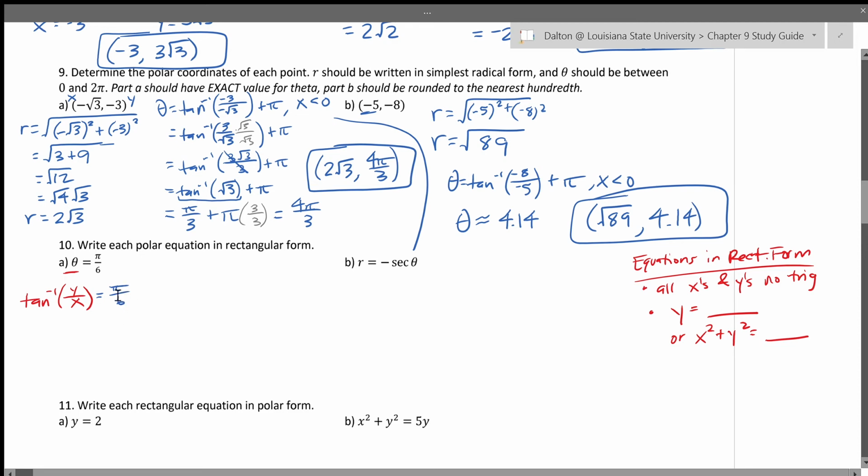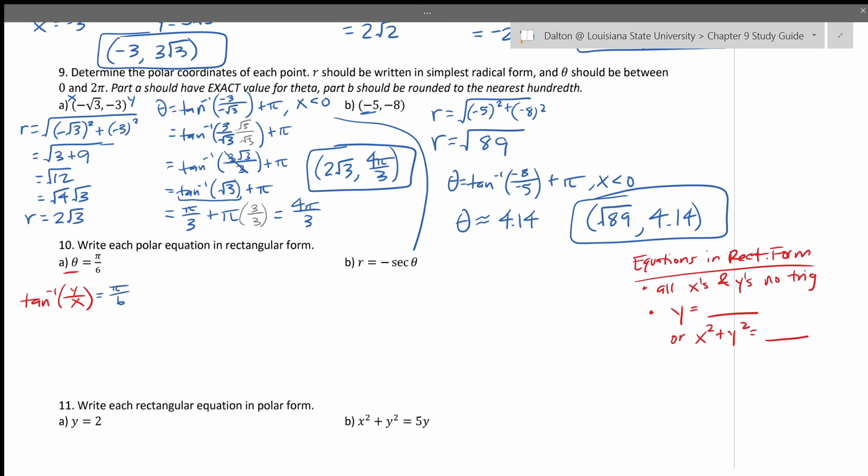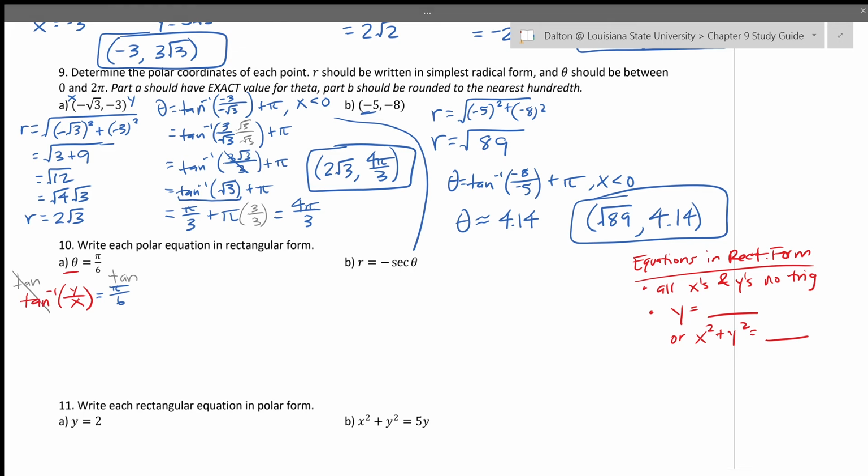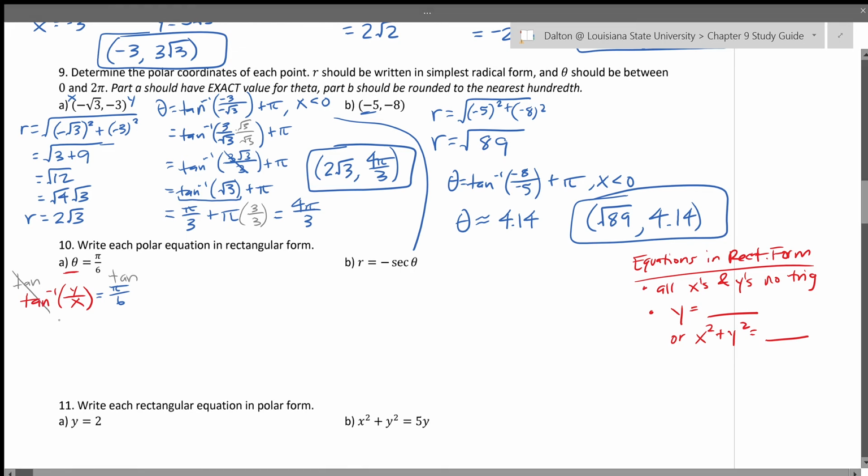And I want to try to get this in the form of y equals. Since I can't have tangent either, because that's definitely trig, in order to get rid of tangent inverse, I'm going to do the opposite, which is to take the tangent of both sides. On the left side, it leaves me with y over x.